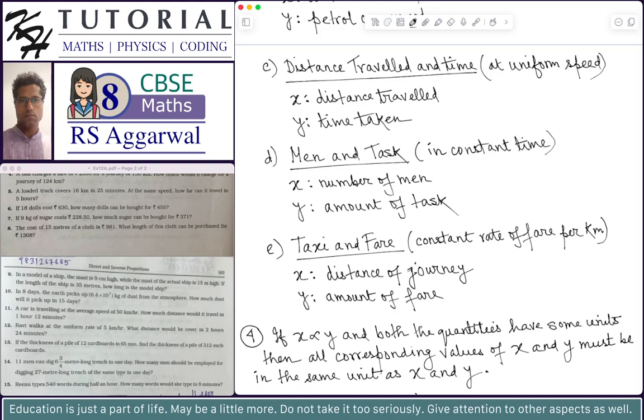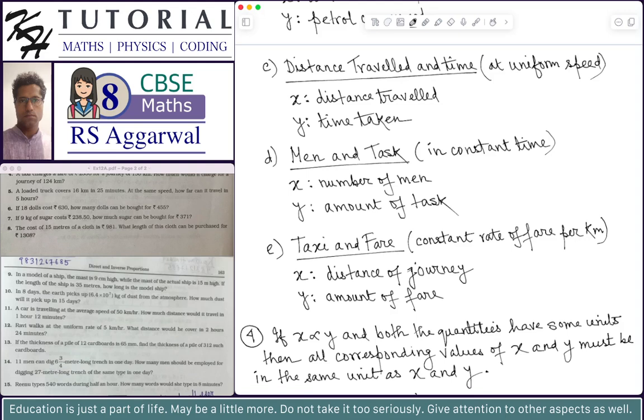Usually the unit of distance is taken to be kilometers. So the taxi must be having a rate which is constant.